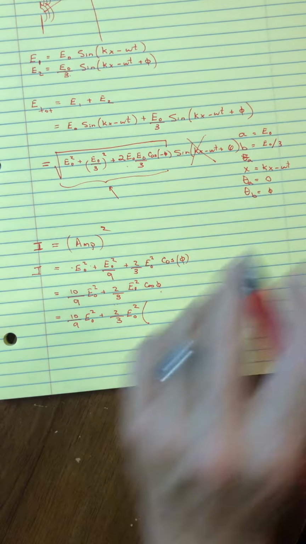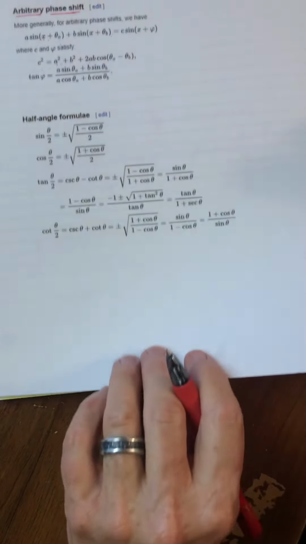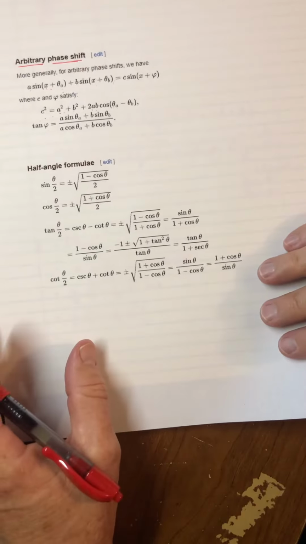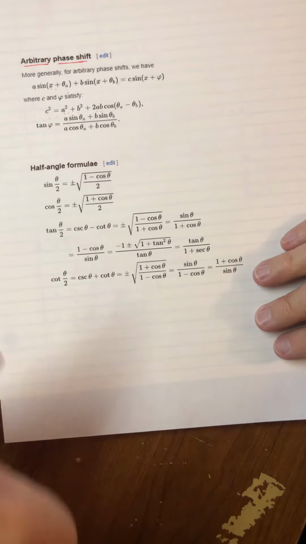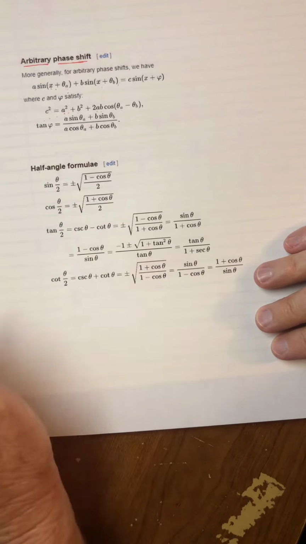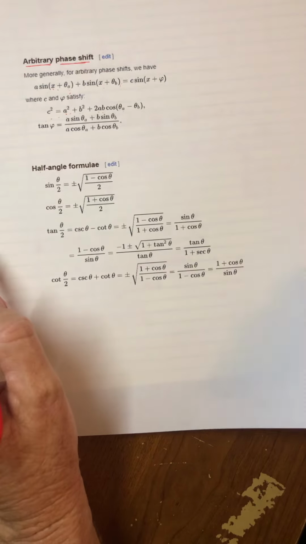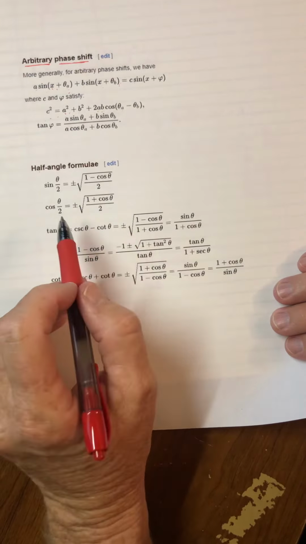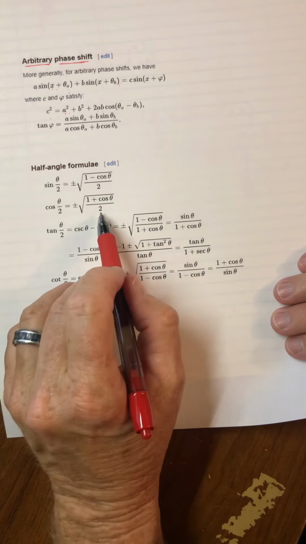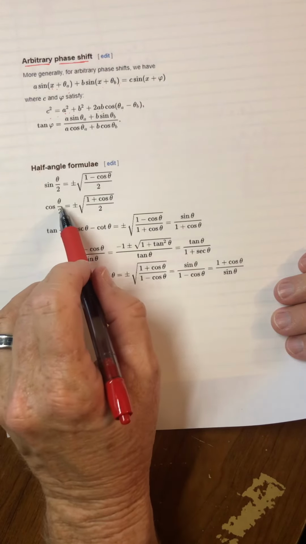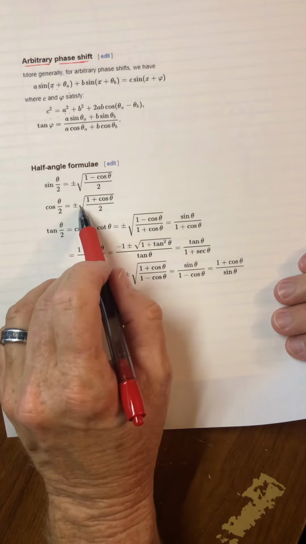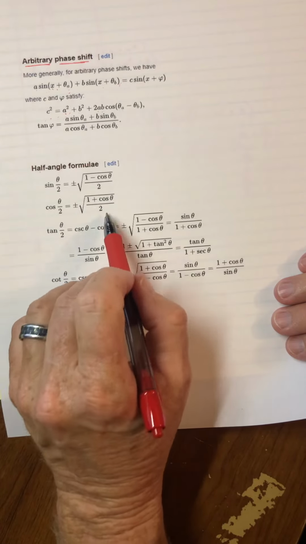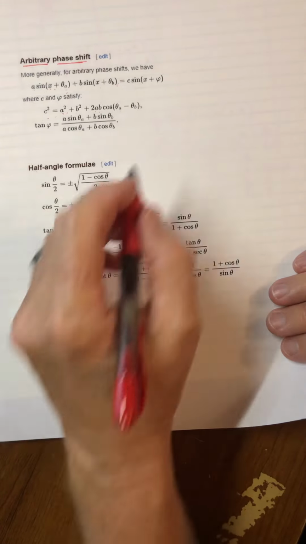And I had printed that one up too, just in case those aren't quite as memorized as some of these other ones. But the half-angle formula. And here it is. It's basically saying right here that if you have cosine theta over 2 plus or minus, it's got this square root. Let me rearrange this by first squaring it.